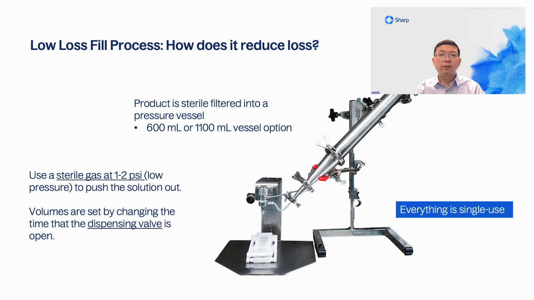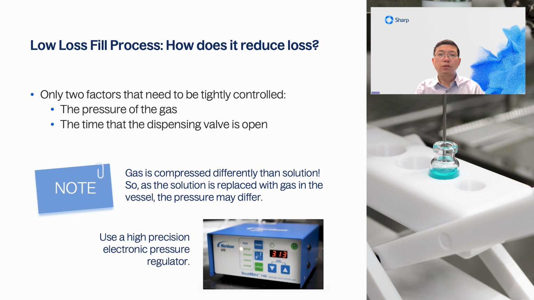There are only two factors that need to be tightly controlled: the pressure of the gas and the time that the valve is open. We must also consider that gas compresses differently than solution. So as the pressure vessel empties and the space is replaced with gas, the pressure may differ.